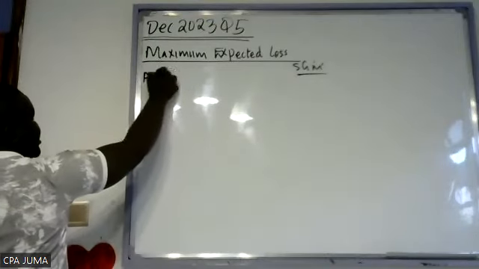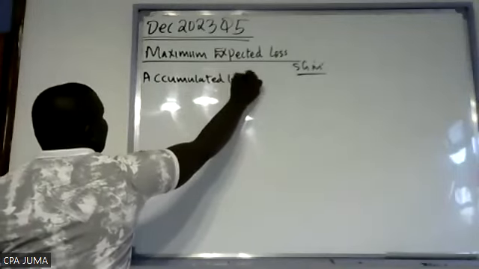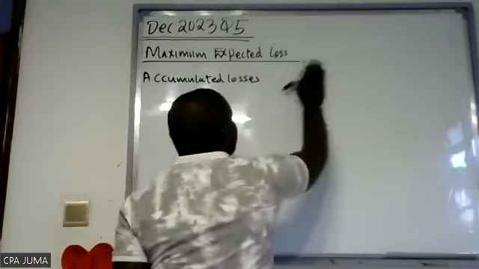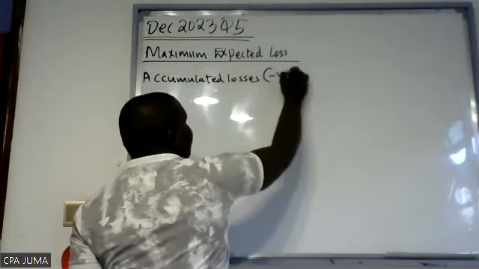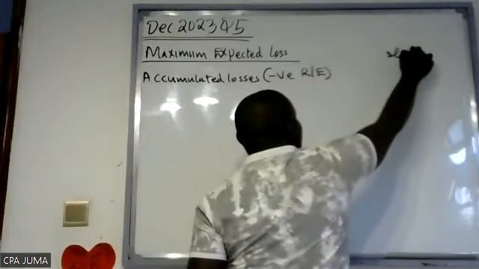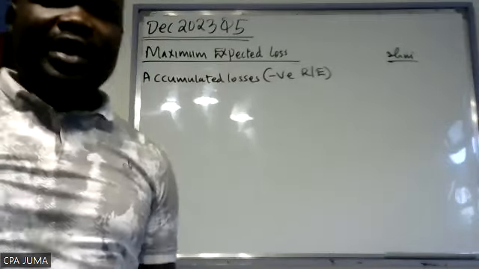So accumulated losses is the negative retained earnings. Those are what we call accumulated losses. So go to the balance sheet.